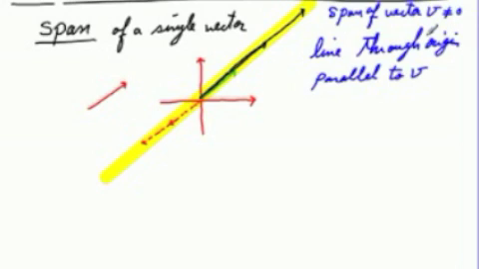Otherwise, however you multiply it, you still get a 0. So if you're considering a non-zero vector, all multiples of it constitute a line. That line is called the span. So we are going to write it as span of a vector v.